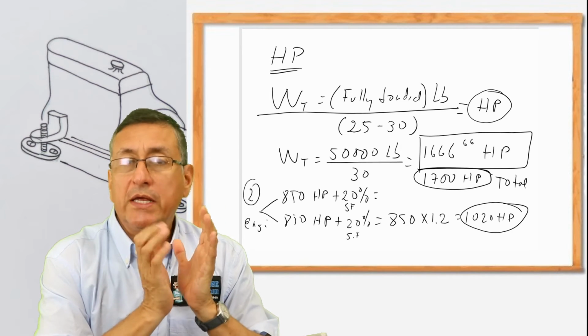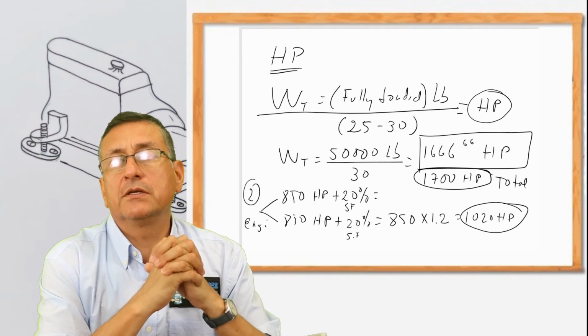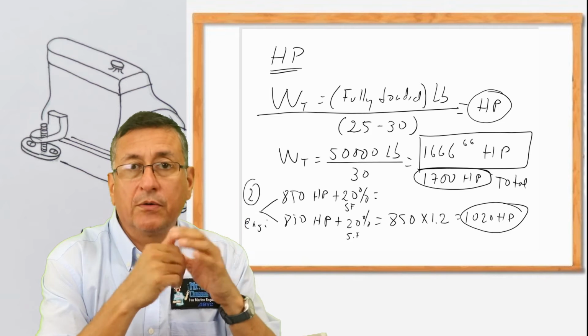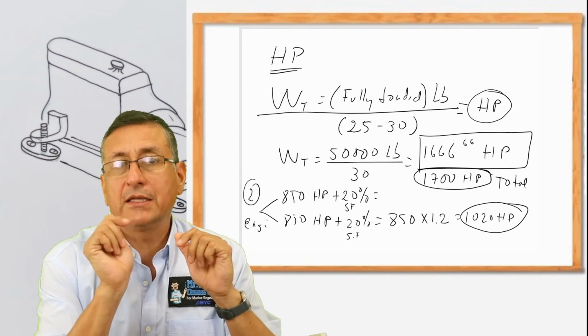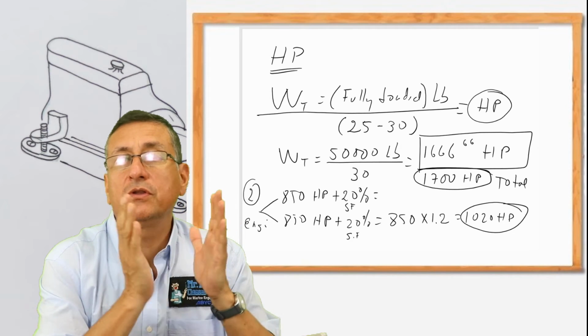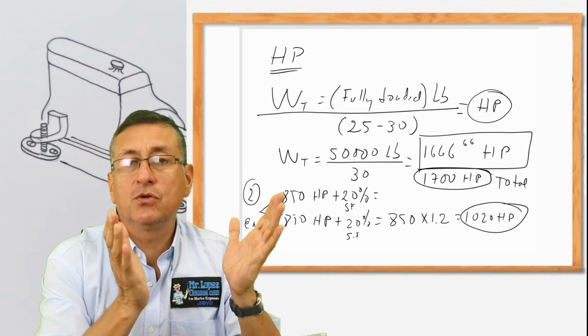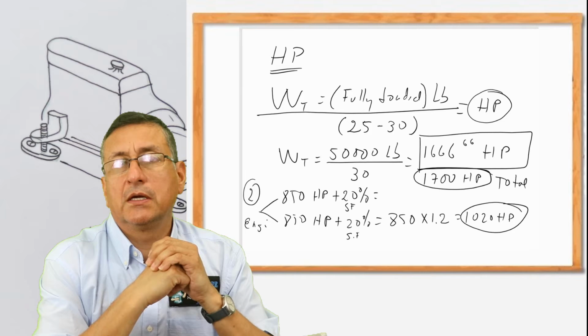You use the total weight and you divide it by 30, and this is the total horsepower required in order to keep the boat running at that whole speed. And now if you want to install 2 engines, you divide that capacity in 2, and for safety factor you add 20%.